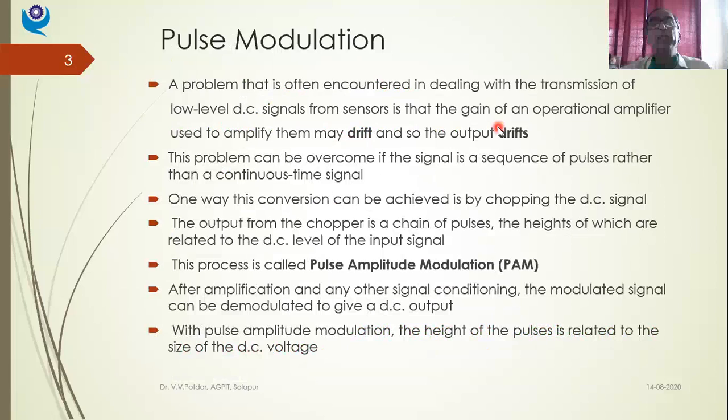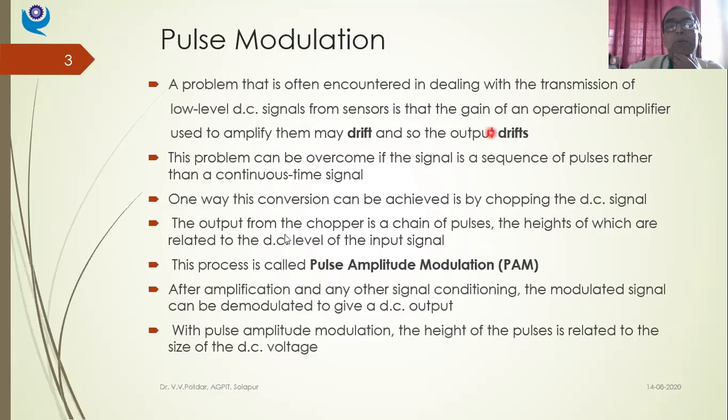A problem that is often encountered in dealing with transmission of low-level DC signals from sensors transducers is that the gain of an operational amplifier used to amplify them may drift. Drift म्हणजे लांब जाणे. Drift म्हणजे मला amplification with 10 gain पाहिजे, ते मला कदाचित 12 गेनचं amplification देईल. It used to amplify them may drift, and so the output drifts.